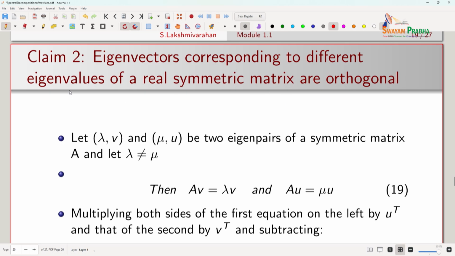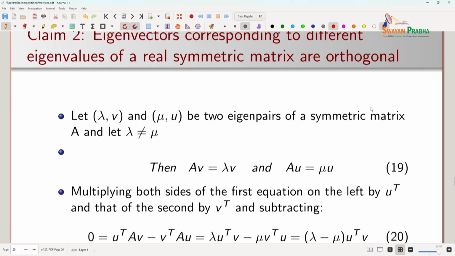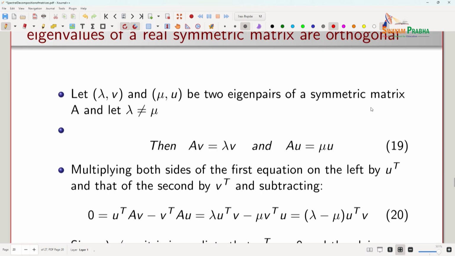Eigenvectors corresponding to different eigenvalues of a real symmetric matrix are orthogonal. We have used this fact, now I am going to prove this. I hope you understand the importance of these results. We are going to flood the future analysis by quoting these results. So, early on I am trying to provide proofs of these results.